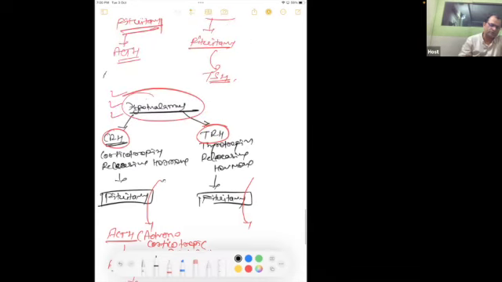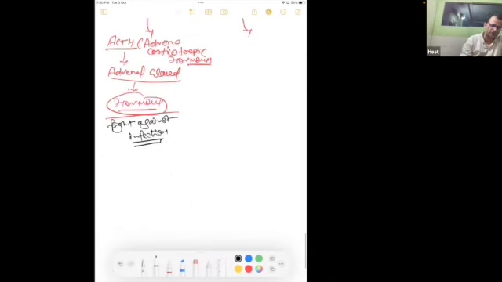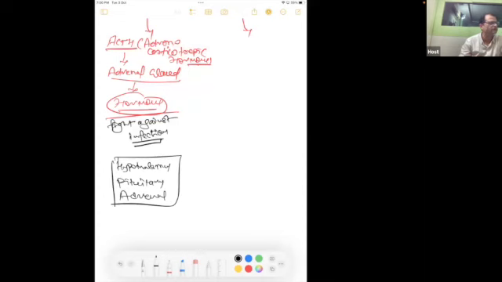So in this chain, number one, hypothalamus. Number two, pituitary gland. And number three, adrenal gland. Three are taking part. Clear? Not complicated.